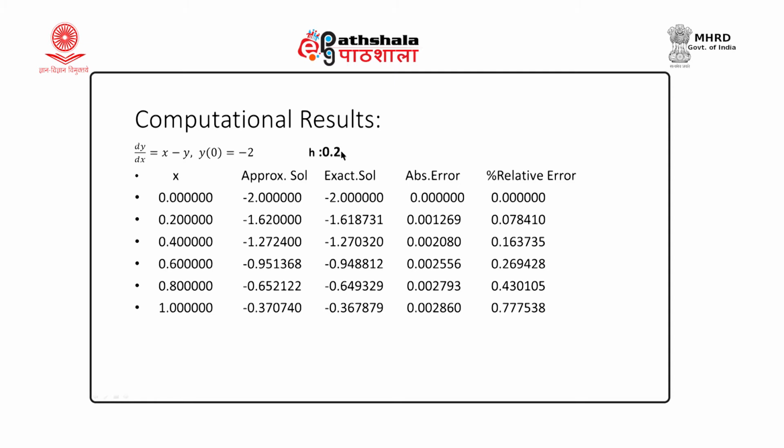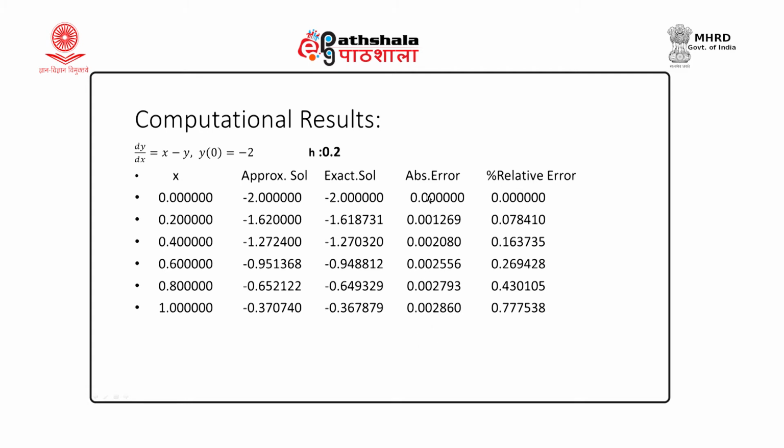So, h is 0.2, h square is 0.04, h cube is 0.008, and h cube 0.008 divided by 3 factorial, that is by 6, becomes less than 0.001, and that is how the errors are coming out to be. At least up to 2 decimal places there is no error.